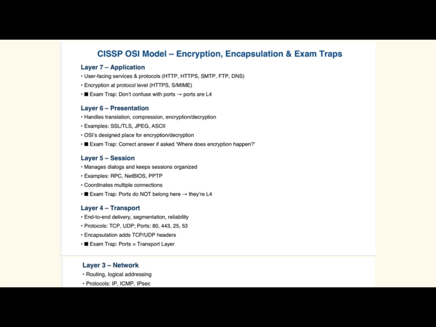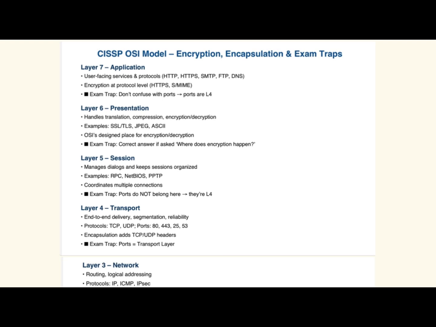But what we need to keep in mind: application layer, user-facing services and protocols, and encryption at protocol level, right? So as I said, don't confuse with ports, right? So we will come to that layer and then we will discuss further.